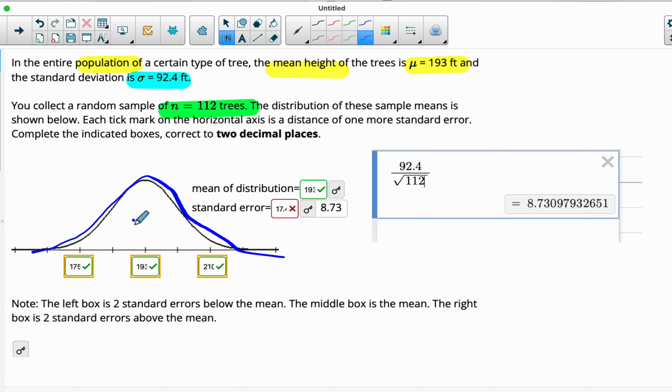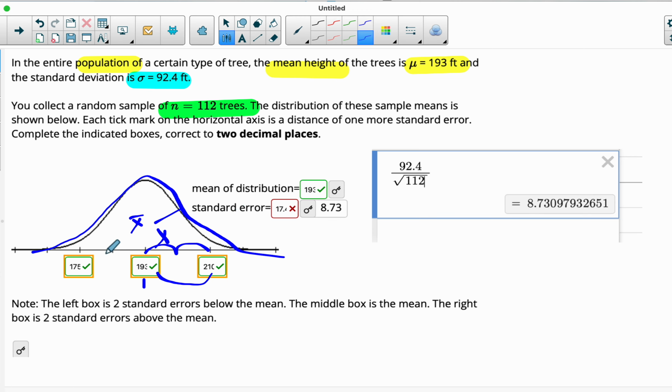These are sample means, all in here that I'm creating this distribution. And then it wants to show that each one of these tick marks is 1 standard error. So this is the mean, the middle, and then I have 2 standard errors.